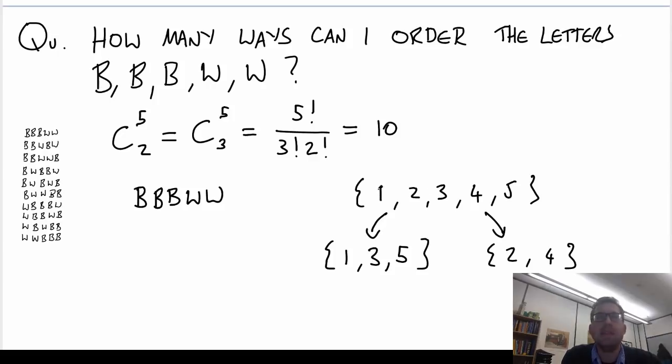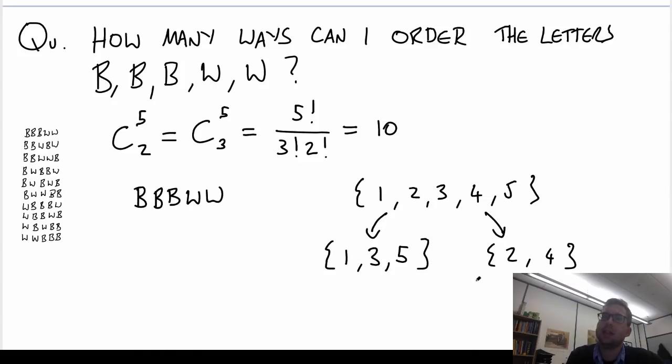Previously this was ace, king, queen, 4 and 2, and now I've just done it with numbers 1, 2, 3, 4 and 5. So the number of ways I could split this set of 5 things into a subset of size 3 and a subset of size 2, where I didn't care about the order, I mentioned was equal to 5 choose 3.